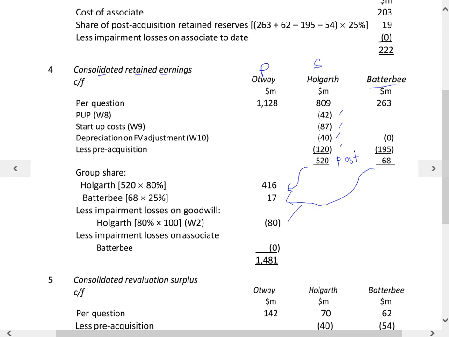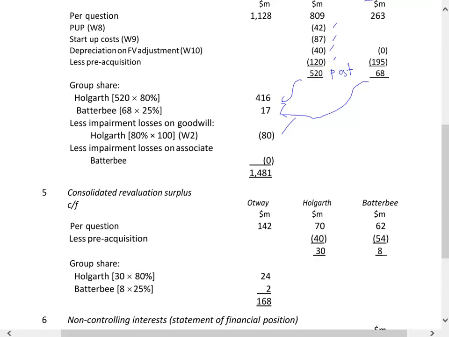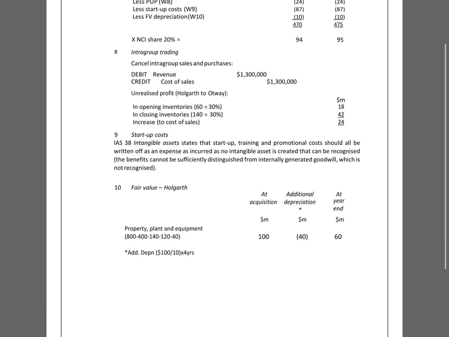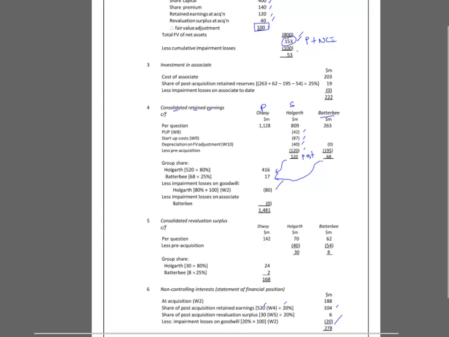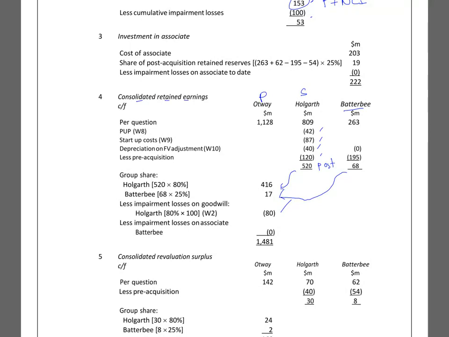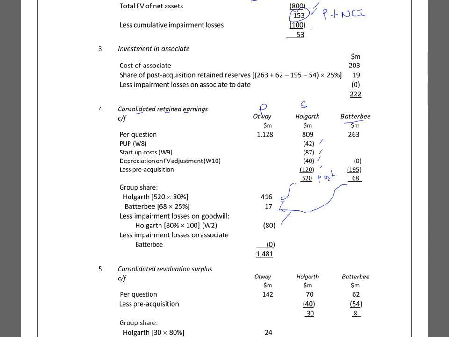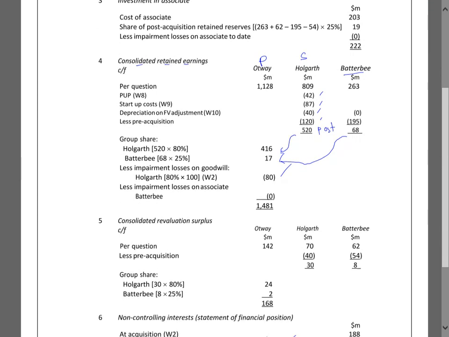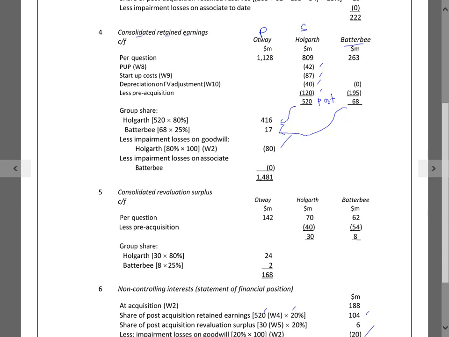Credit 17. Okay. What about this one? Revaluation, same thing. 8. 25% comes here.